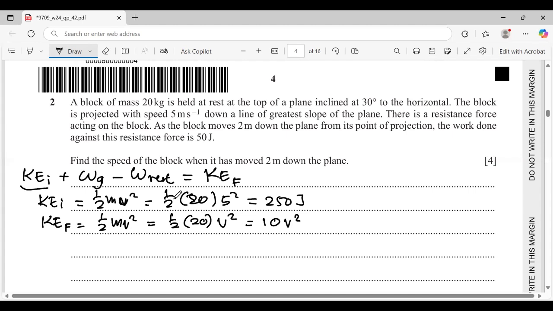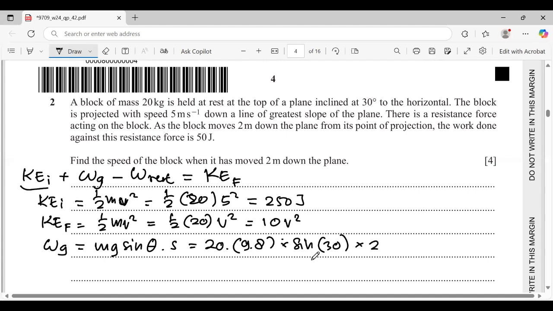Work done by gravity is mg sine theta times s. So 20 times 9.8, the gravitational force, times sine 30, times 2.